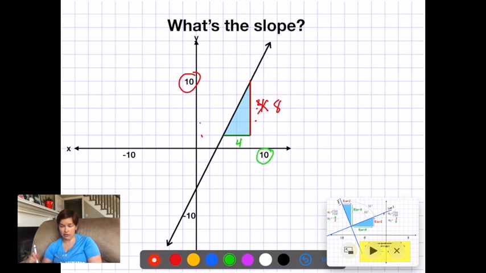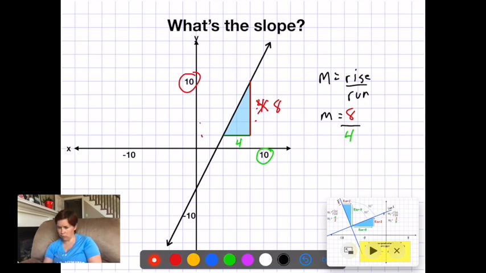I know that that's 2 because 5 makes 10. Okay, so now my slope, again, rise over run. My slope in this case is 8 over 4. Oh, I see some of you being like, Ms. Brown, don't leave that as 8 over 4. That's reducible, right?